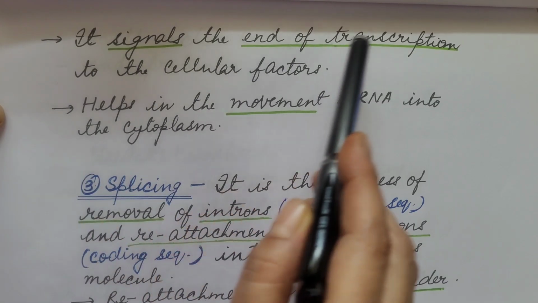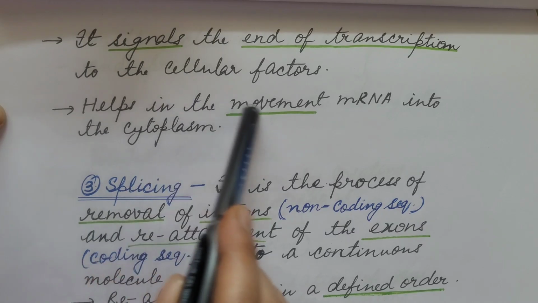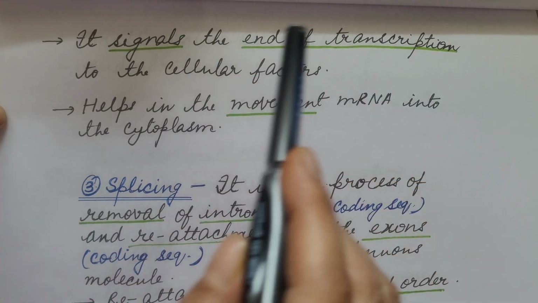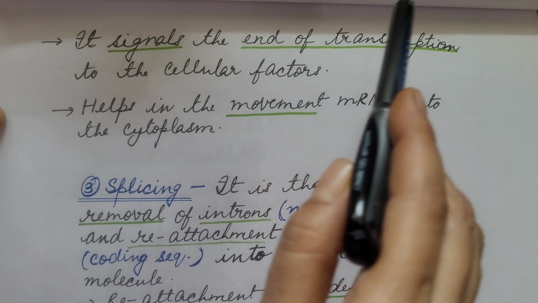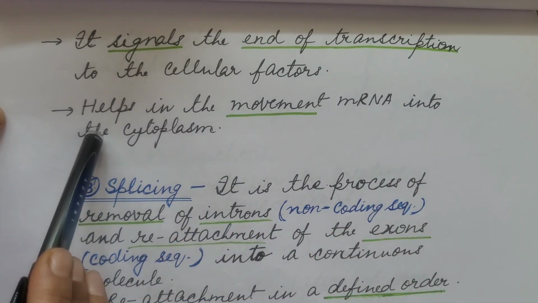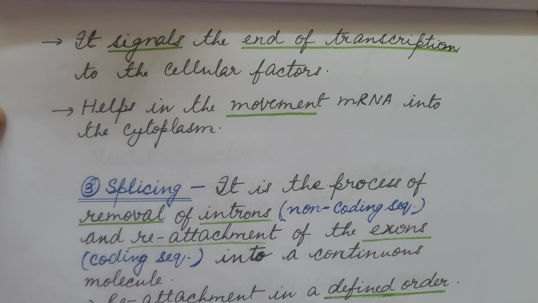It signals the end of transcription to the cellular factors. So the poly-A tail gives the signal that transcription is over. It helps in the movement of messenger RNA into the cytoplasm.